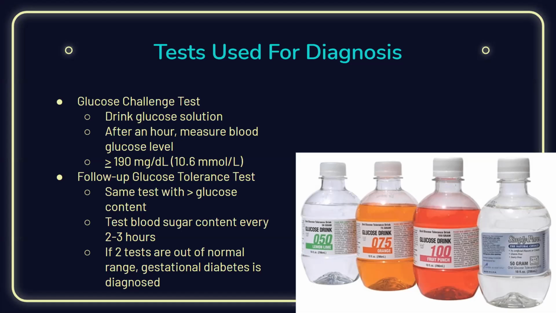Then they do a follow-up glucose tolerance test, which is the same test, where they want to see greater glucose content, and they test blood sugar every 2 to 3 hours. If 2 tests are out of the normal range, gestational diabetes is diagnosed. So you need at least 2 of them, but if there are 2 or more, then you will be diagnosed.